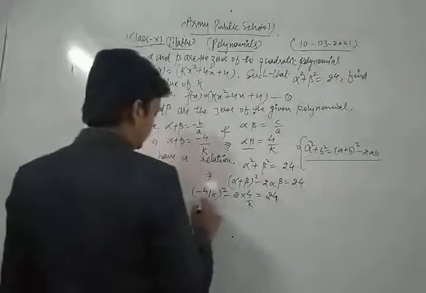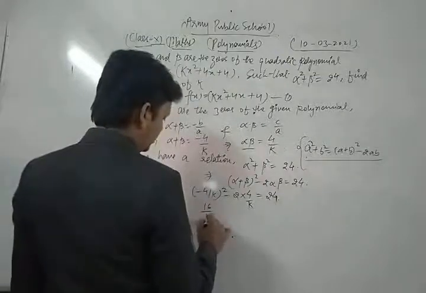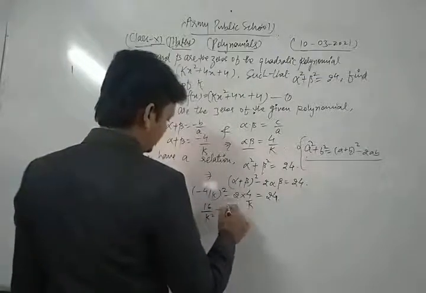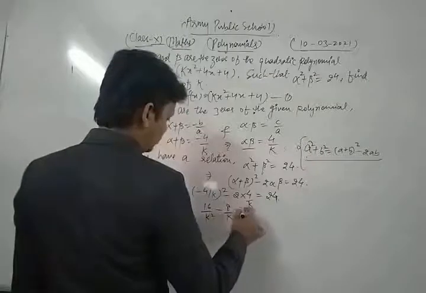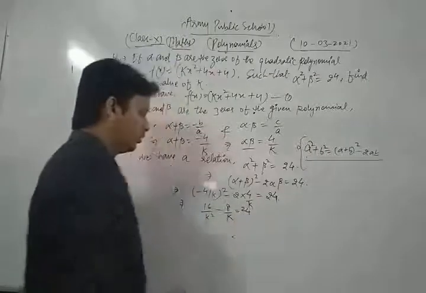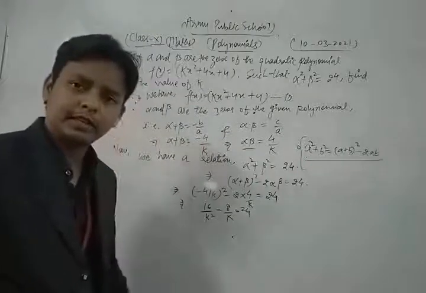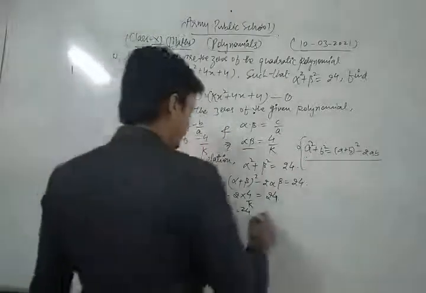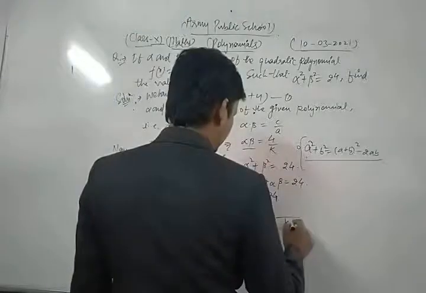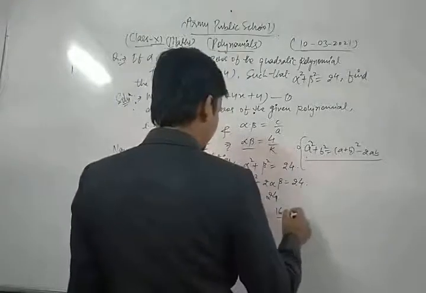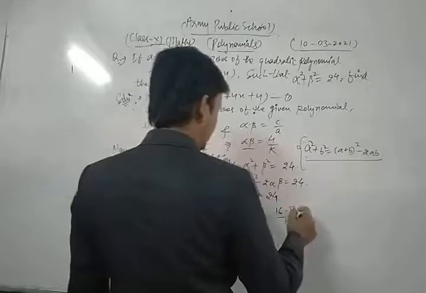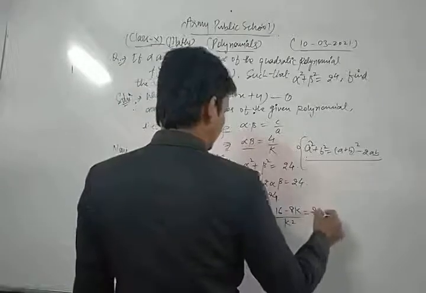Squaring this, we get 16 upon k square minus 8 upon k is equal to 24. Now we take the LCM of k square and k, which is k square. So we get 16 minus 8k is equal to 24.